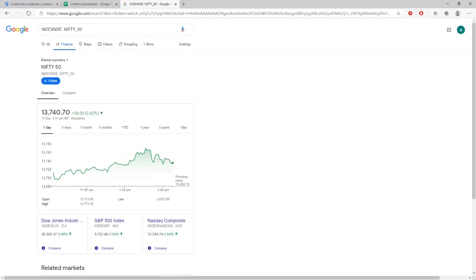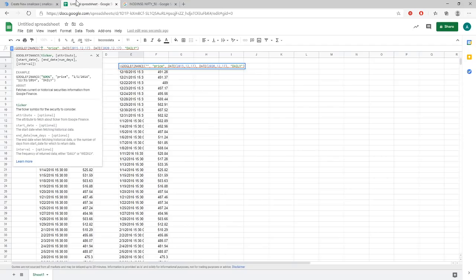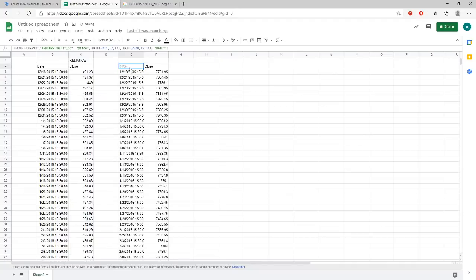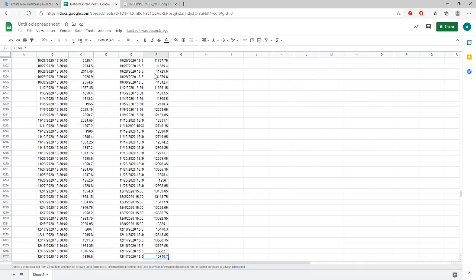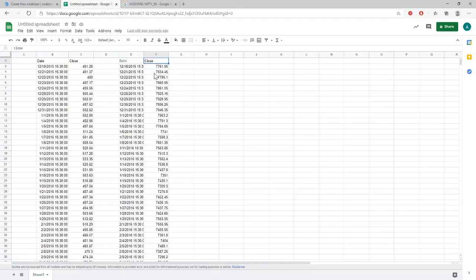It is index NSE hyphen colon Nifty underscore 50. So you just put the same thing in over here. There's an extra space which always gets added. You just need to remove that extra space, and once you do that, right, from 2015 you have got Nifty closing price every day for the last 5 years in an Excel sheet.